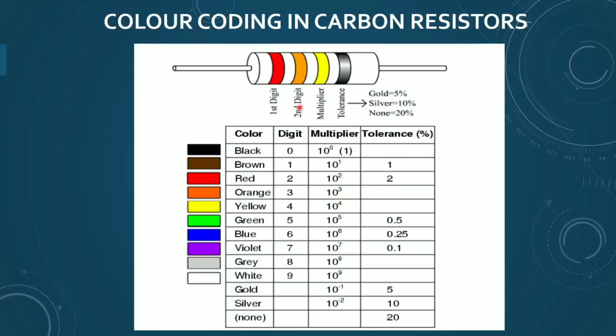And this is also asked in your exams, that on the basis of color coding you find the value of the given carbon resistor, or they may give you the value and ask for the colors. So this table should be understood.